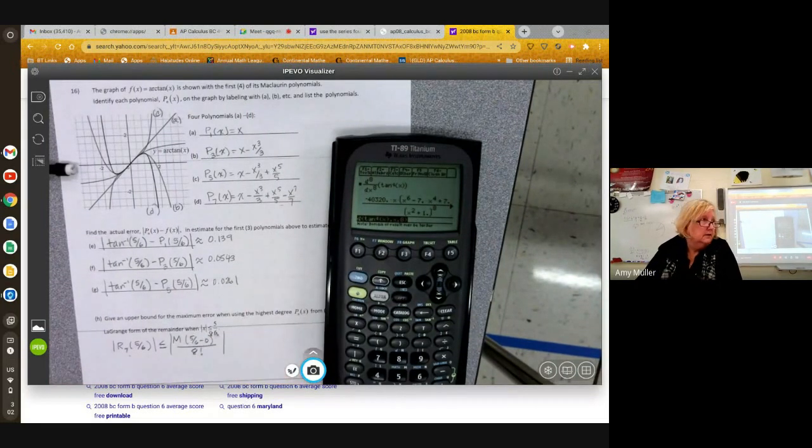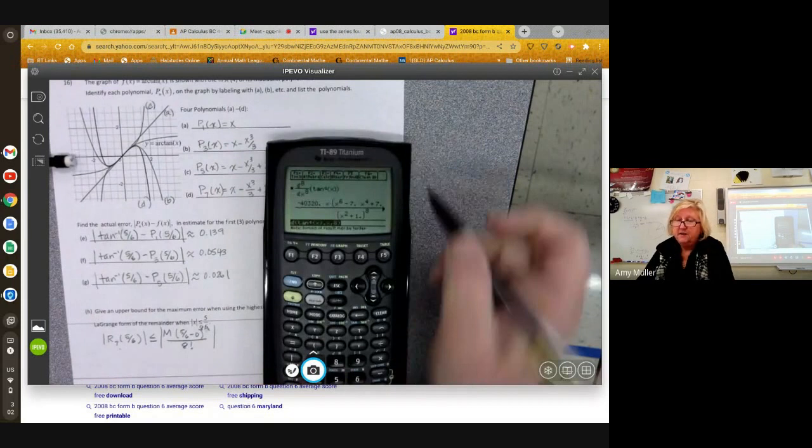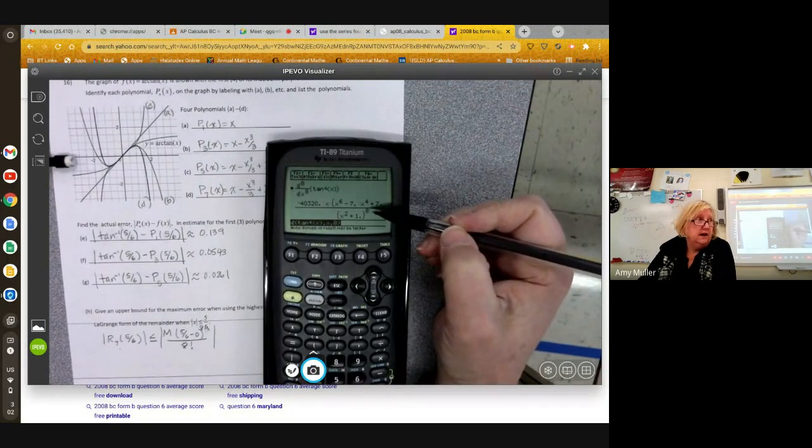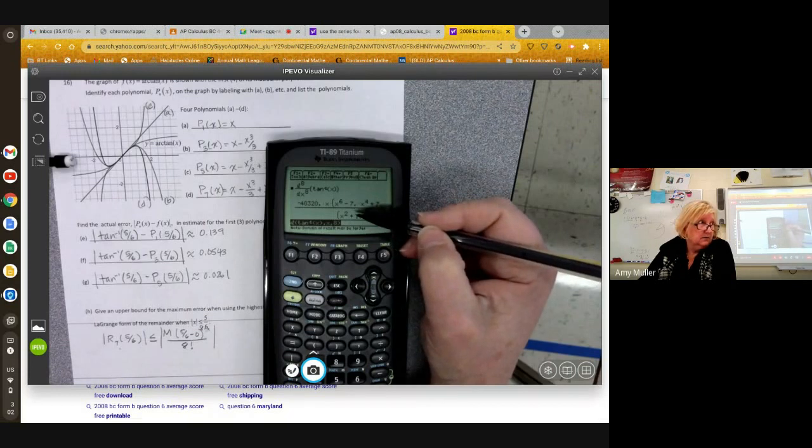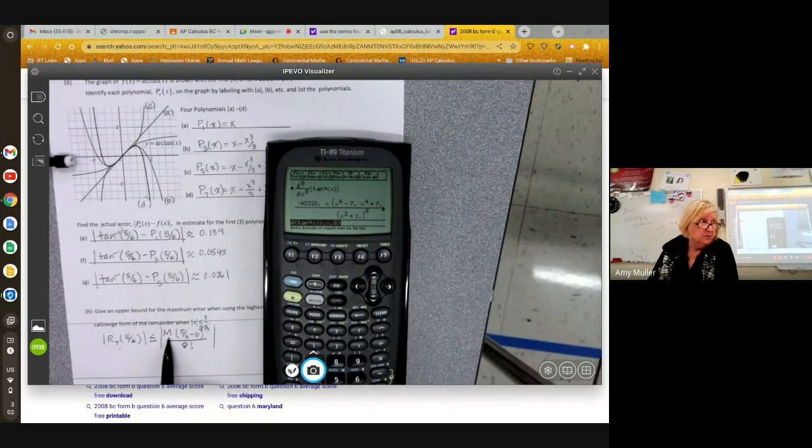Are you solving for m in this? I've done everything but m. What I did was I found the 8th derivative of inverse tangent, right here. My calculator found it. I have to have the maximum of the 8th derivative of this thing. I do that on the calculator because I don't want to do that by hand, right?